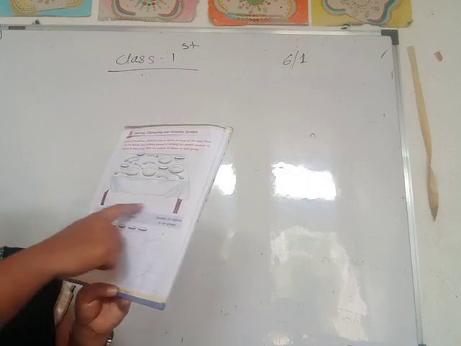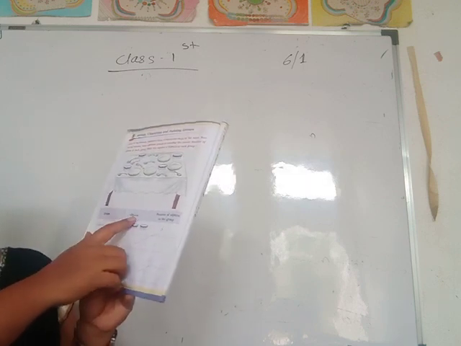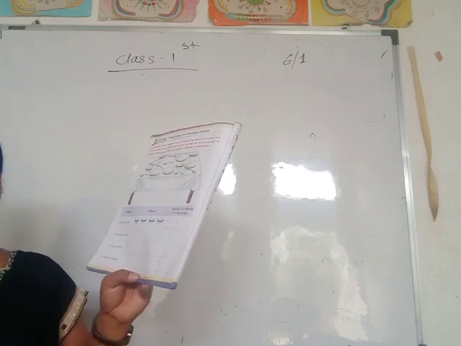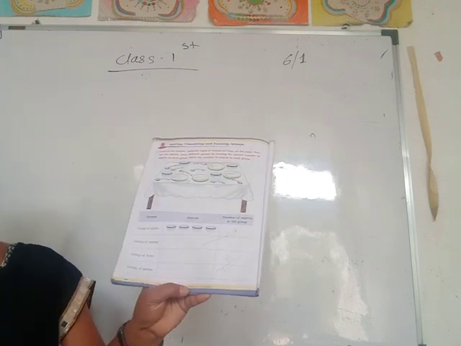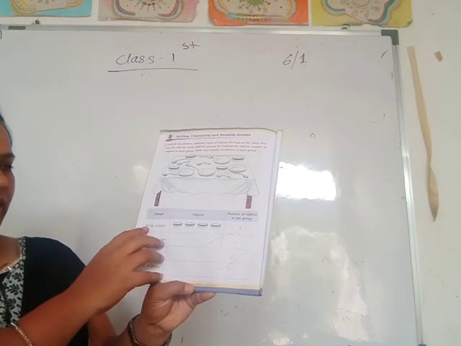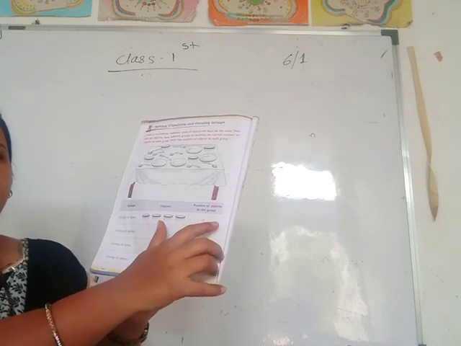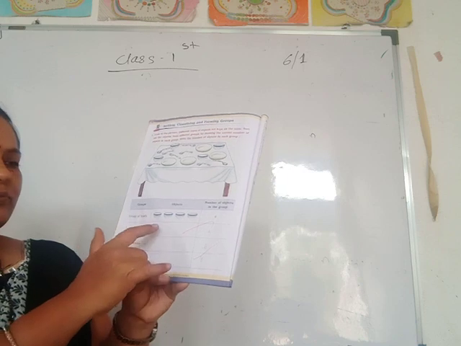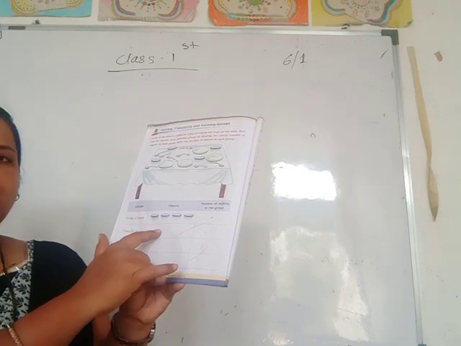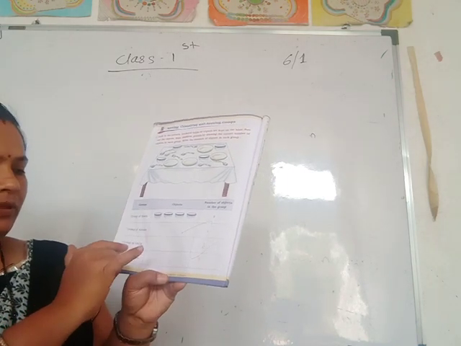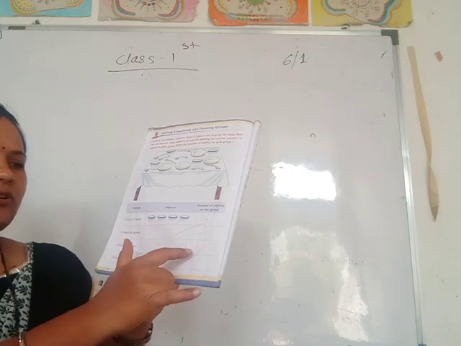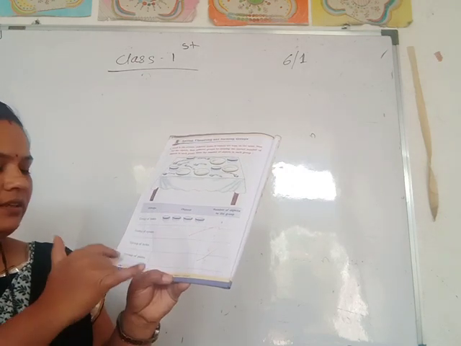You see this picture in your notebook. You make these columns: groups, objects, number of objects in the group. First write group of bowls, draw a picture of bowls and write the number. Then group of spoons, draw a picture of the spoon and write the number. Group of forks, also draw a picture and write the number.